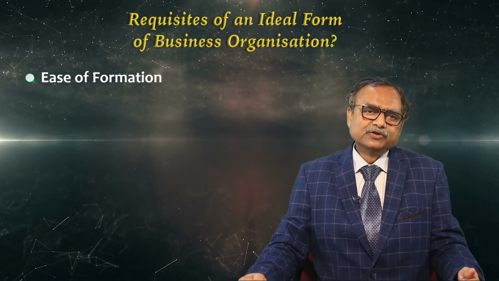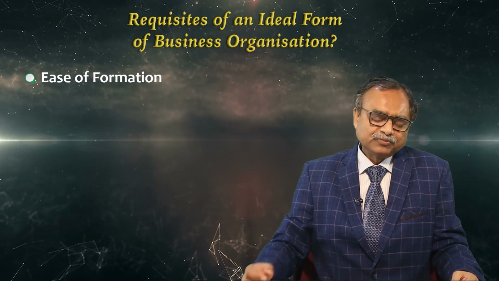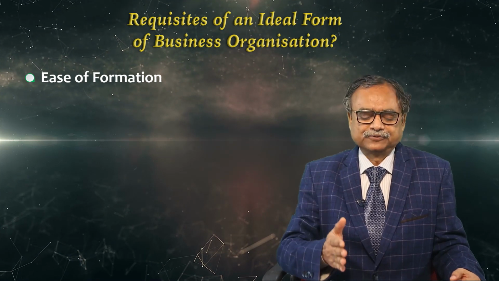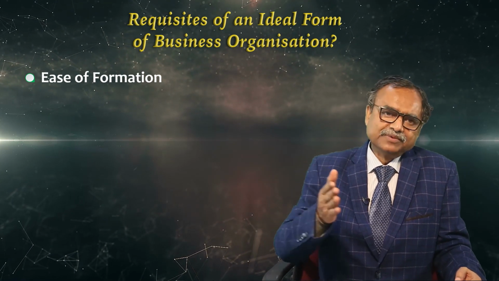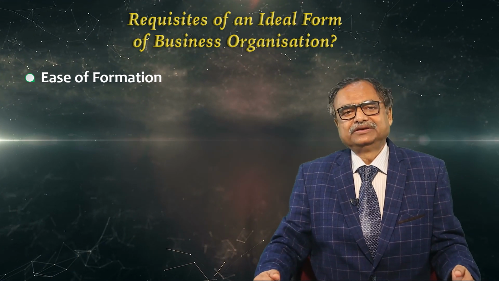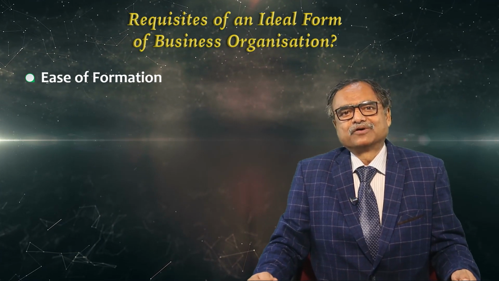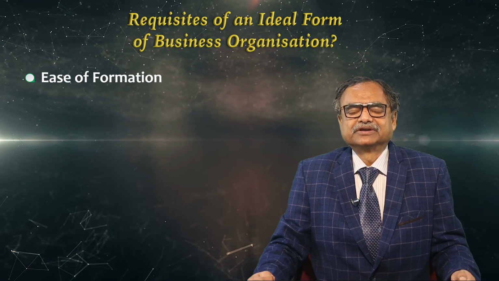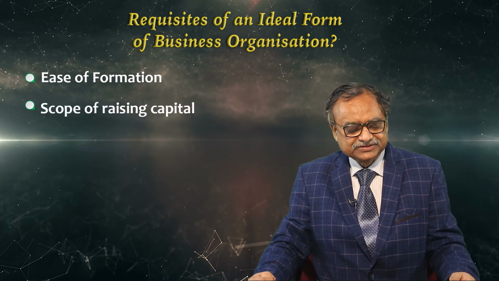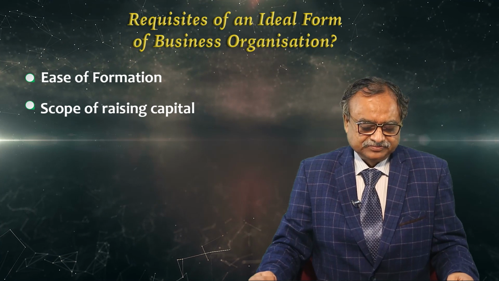So therefore, you need to calculate those aspects. Broadly, after analyzing these three, and in addition to these three, there may be other formalities also. So based on that, you may decide which one is the easiest way of formation of business organization as per your requirement. Next is the scope of raising capital.